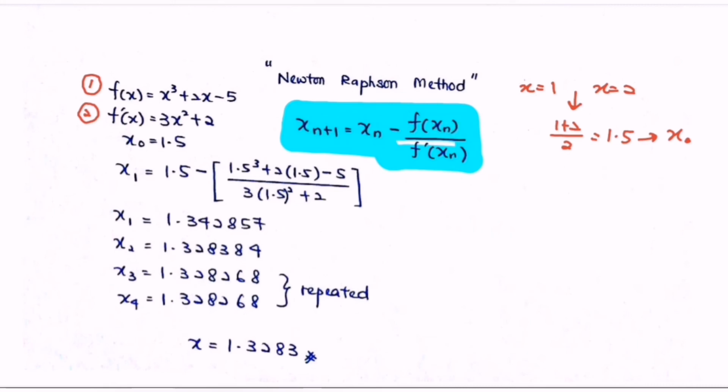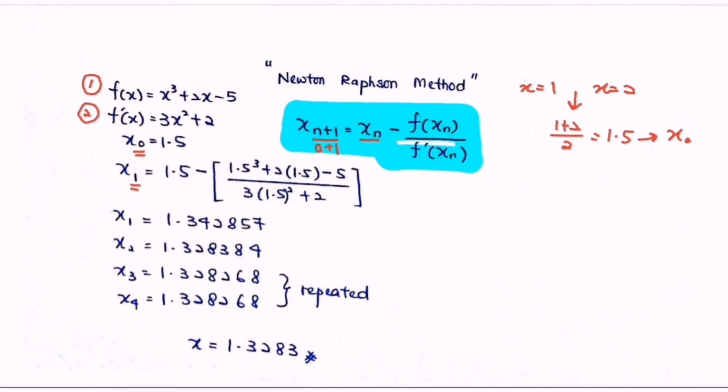What we have to do now is to substitute the values. As we can see, the formula given is x sub n plus 1. Given the initial value is x naught, when we substitute, we will have 0 plus 1, that's why we have x1.